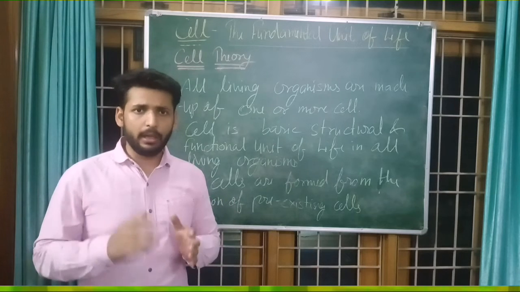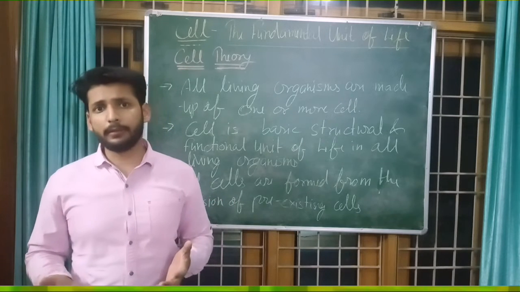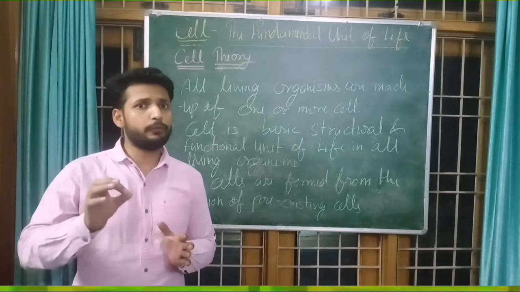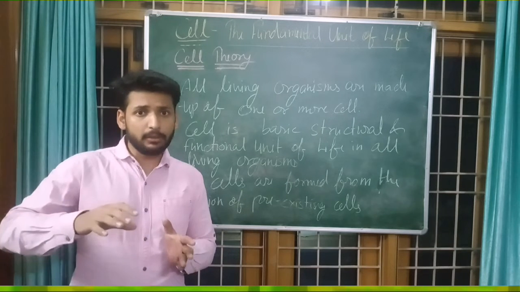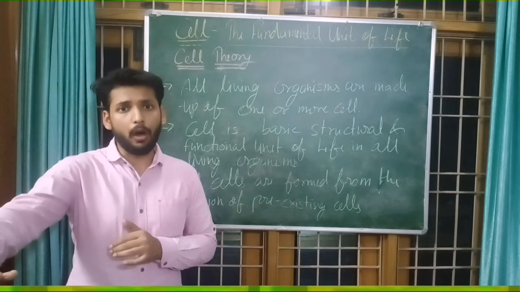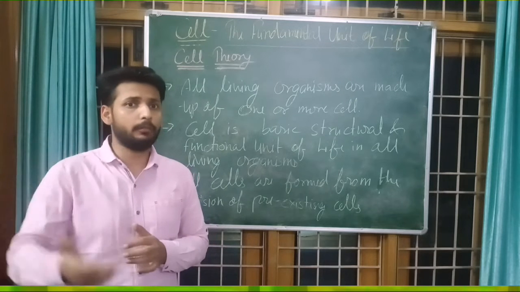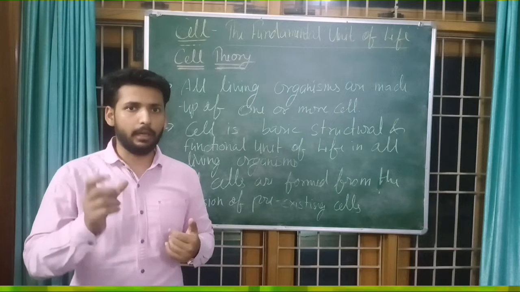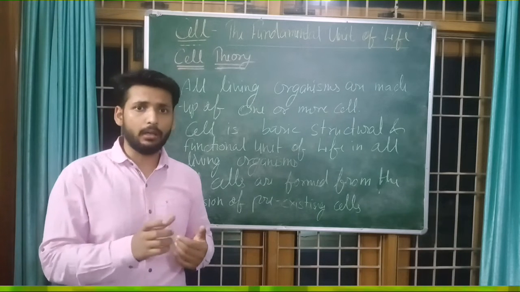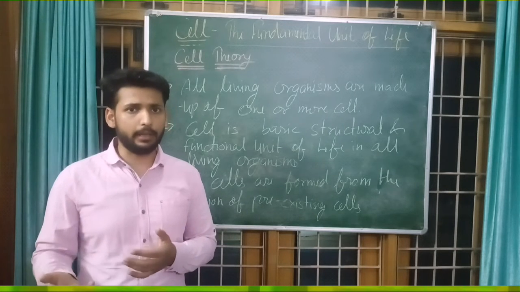And in a similar way, for a multicellular organism, for example, we can take a human being. Here, we are made up of billions of cells, and cells combine to form tissue. Tissue combines to form organ, and organs combine to form organ system. Organ system, like we can say circulatory system. Here organs are the heart, arteries, veins, capillaries, blood.